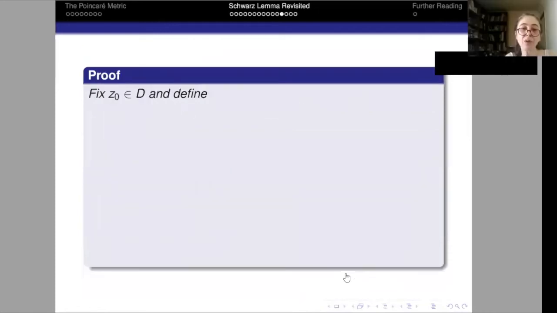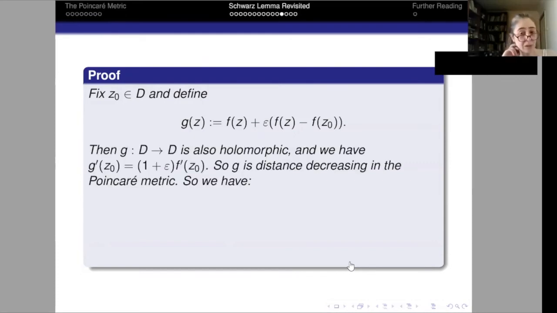Okay, so we fix z0 in D. We define a function g(z) as f(z) plus epsilon times (f(z) minus f(z0)). Then g is also holomorphic. Why? Because it is only the addition of a holomorphic function and a constant. And we have the derivative of g at z0 is equal to 1 plus epsilon times f prime z0. So g is distance decreasing in the Poincare metric.